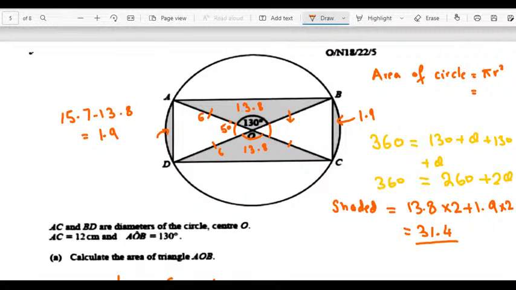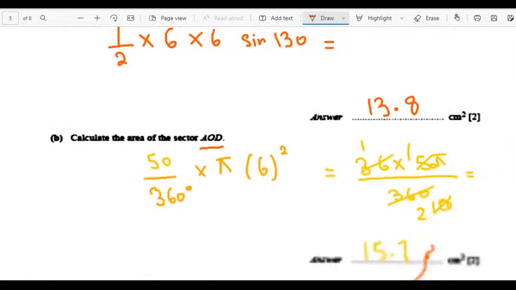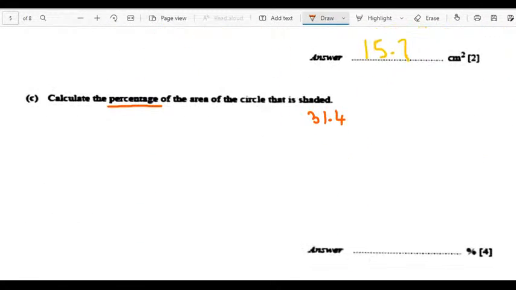Okay, yes, that is correct. And then you can divide 31 from that. Okay, tell me exactly, how do I do it? You divide 31.4 by 113, and then multiply that by 100. Very, very good. Excellent.